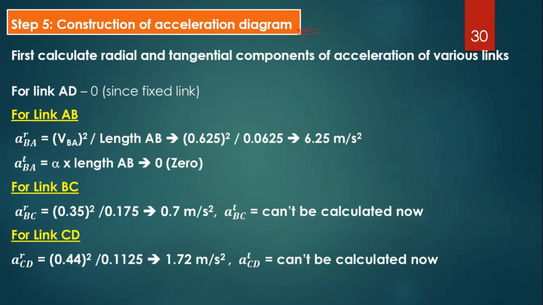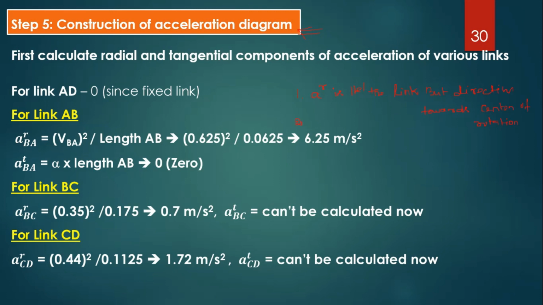First we have to construct the acceleration diagram. Before we start to construct it, we should remember 2 points. The first is that the radial component of acceleration is parallel to the link, but its direction is towards the center of rotation.